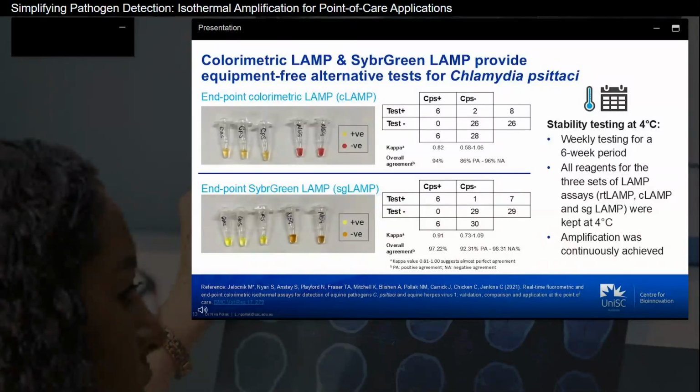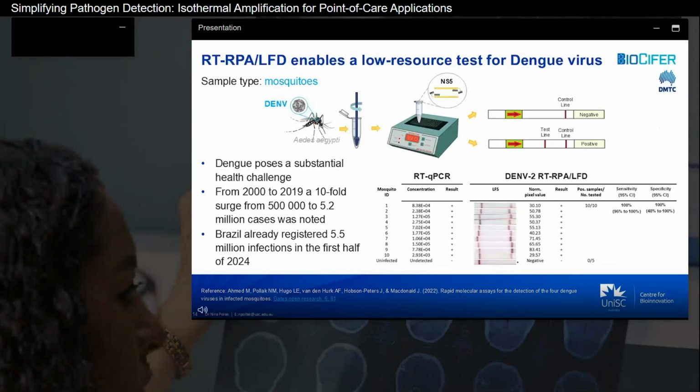All 3 methods, real-time, colorimetric, and CYBR Green LAMP, demonstrated consistent amplification performance. Both colorimetric and CYBR Green LAMP provide accessible, specialized equipment-free options for pathogen detection, making them a valuable tool for decentralized testing. Now I want to give you an RPA example with dengue virus.